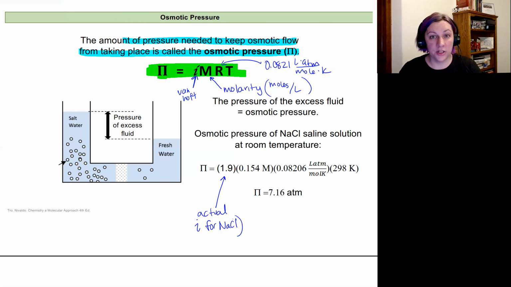Our concentration for our saline solution is 0.154 molar. Then we use our R constant, and at room temperature, 25 degrees Celsius, which would be 298 Kelvin. Calculating all that together, I get an osmotic pressure of 7.16 atmospheres for just a saline solution level of concentration for our sodium chloride.